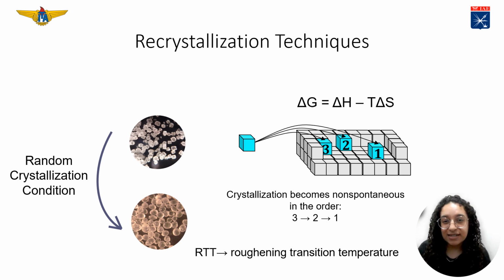The first recrystallization technique can be applied to ammonium perchlorate, and it uses the temperature to avoid the crystallization in certain sites.